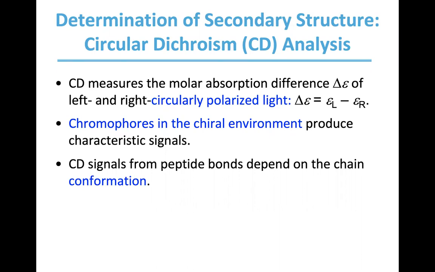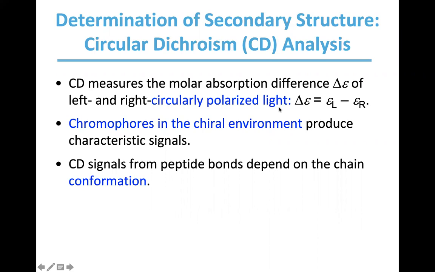A sort of classical method to determine if you have an alpha helix or beta sheet is known as circular dichroism, CD. Basically here you're dealing with the physical phenomenon of circularly polarized light, right? You remember light can be plane polarized, we talked about it in organic chemistry too, and it can be circularly polarized. If you want to learn more about the nature of this polarization, you can, I'm sure, go to Wikipedia.